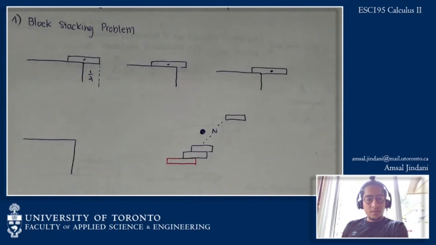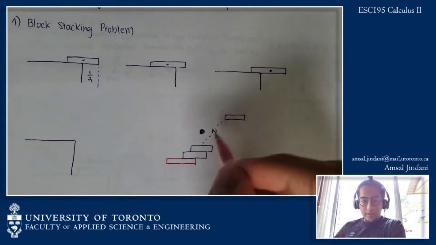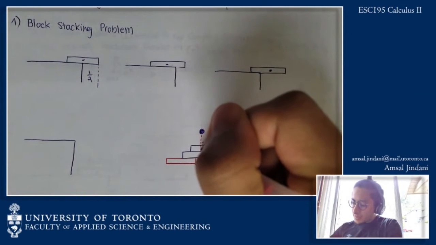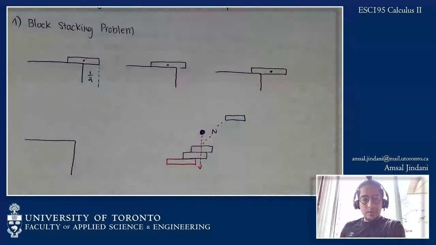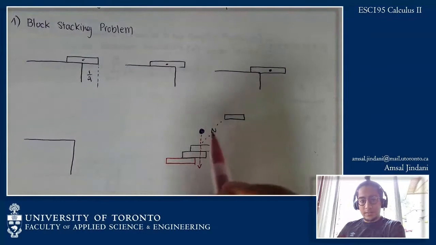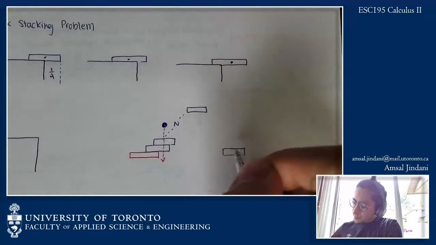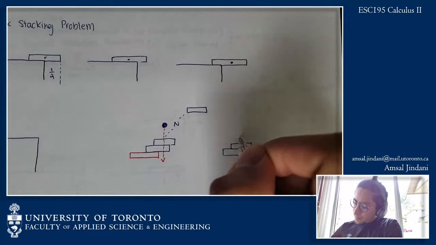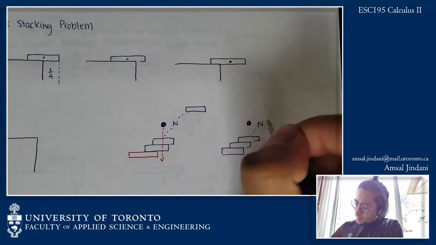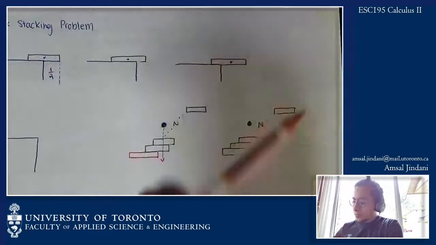on top of another block. If I want this stack of n blocks to not tip over, basically the center of mass has to be just at the edge of the last block. So in this case, the stack of n blocks is going to tip over. So now, what does that tell you?